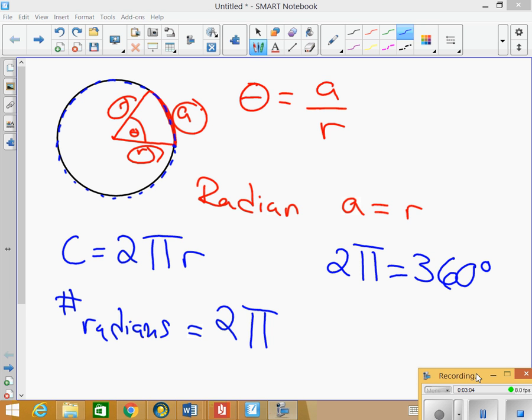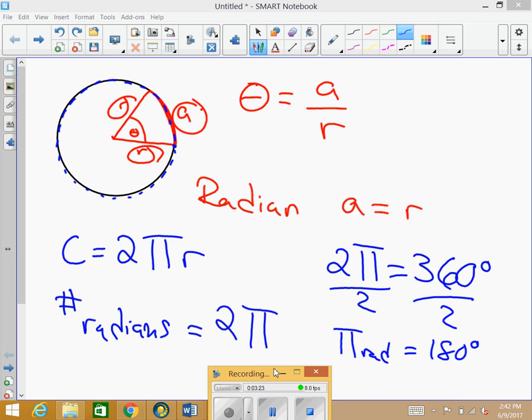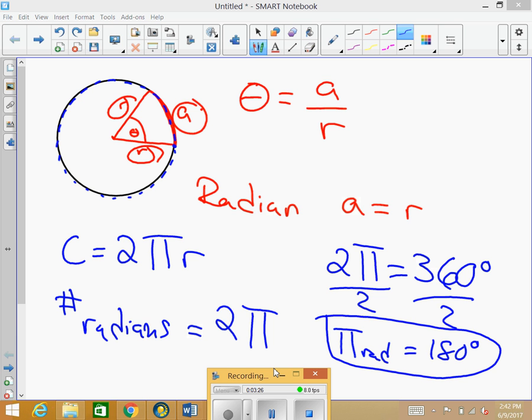And we can make another relationship between them by dividing both sides by 2, and that's pi, or pi radians, is equal to 180 degrees. This is our core relationship. This is going to be the ratio we're going to use to find out how many degrees relates to how many radians.